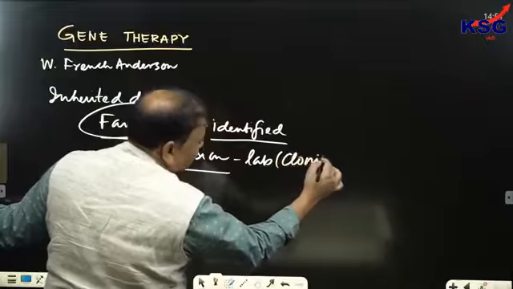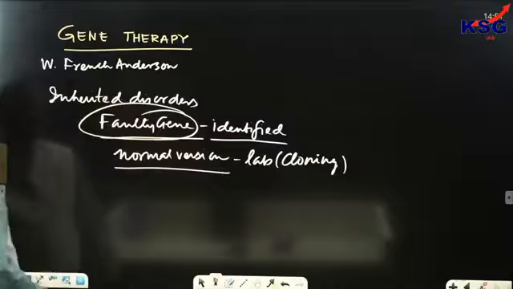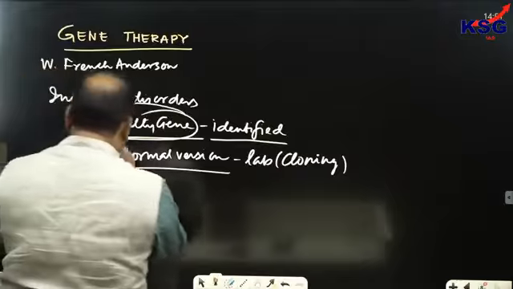Cloning means somatic cell nucleus transfer. So the normal gene would be extracted from that nucleus, and the normal version of this gene is prepared in the lab through cloning. Clear? So that would be done.